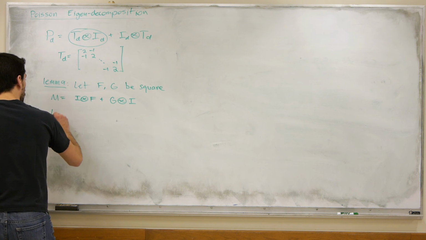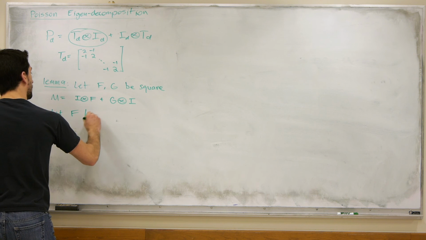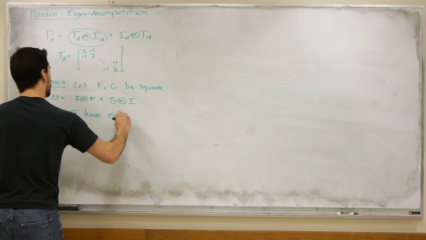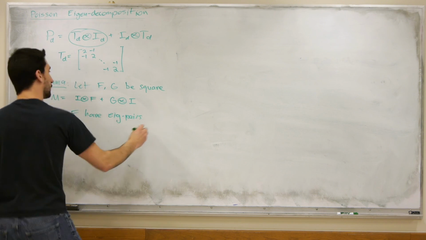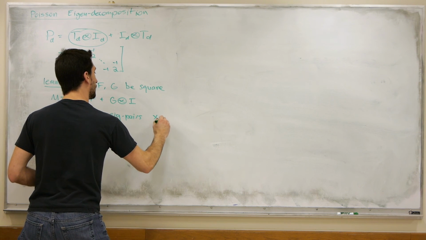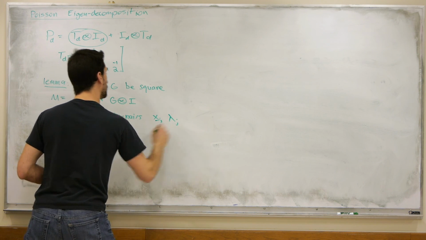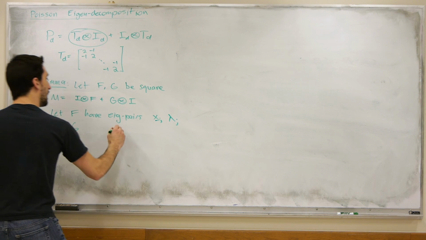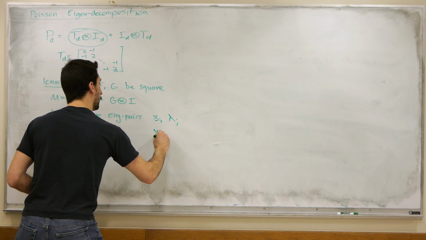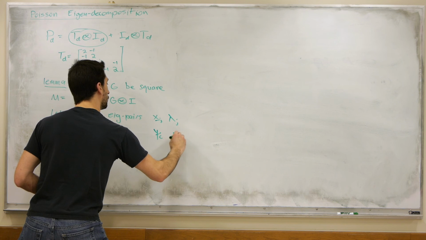So let F have eigenpairs x_j, lambda_j, and let G have eigenpairs y_i, mu_i.